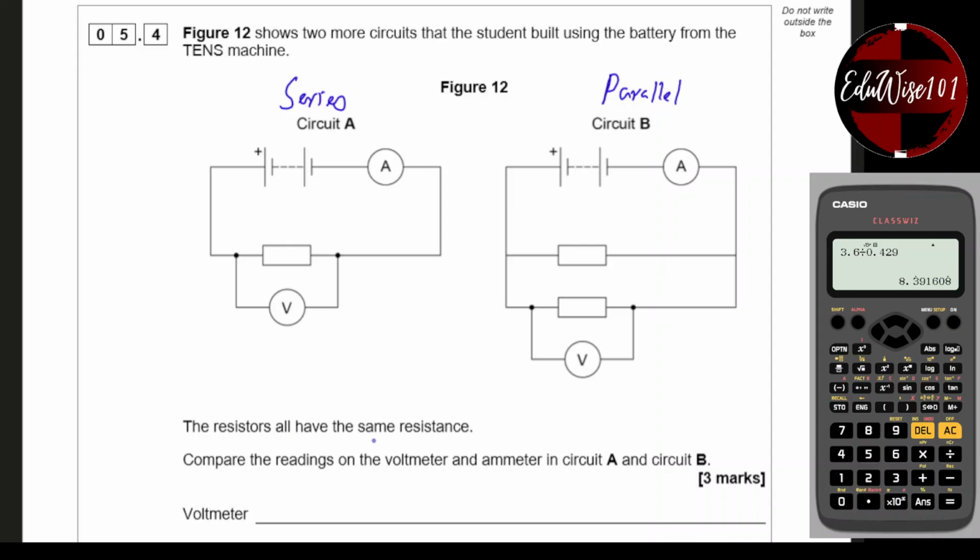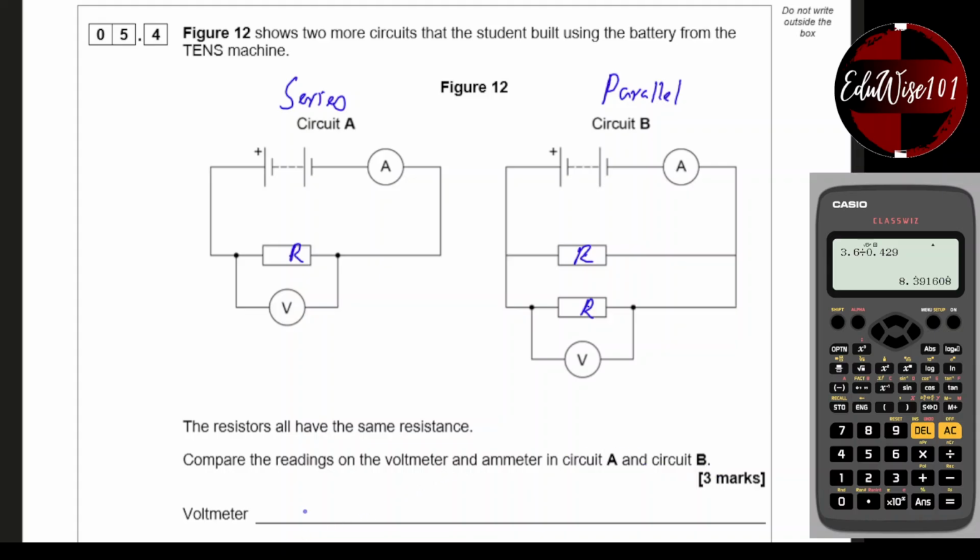The resistors all have the same resistance. So they're talking about the same resistance in all three of them. If I write it as R, and R. Compare the readings on the voltmeter and ammeter in circuit A and circuit B.